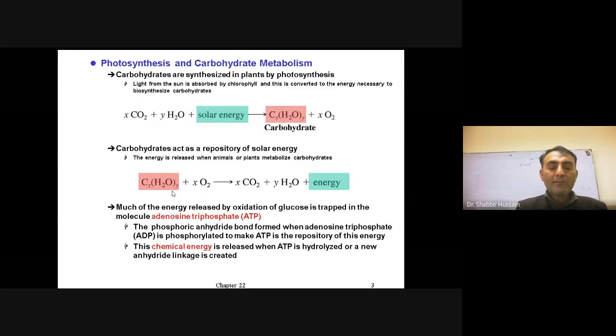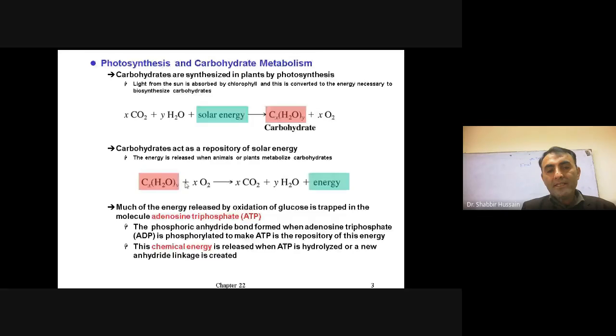Suppose the carbohydrate is metabolized in the presence of oxygen. I have already discussed in detail the TCA cycle, or citric acid cycle: carbohydrate in the presence of oxygen is converted into carbon dioxide and water. As a result, we get energy, in the form of ATPs.